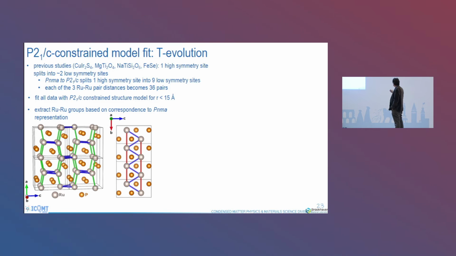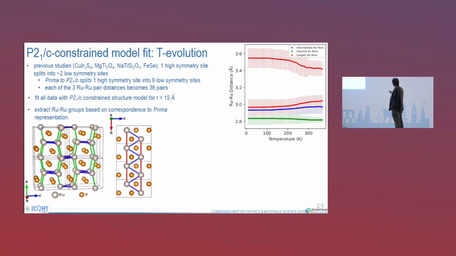You see that the shortest ruthenium pairs, which are those green ones along the zigzag chains, and the blue ones, which are the rungs of the zigzag ladder, do not change much. However, the longest distance turns out to be bifurcated, so you get a very broad distribution of distances.